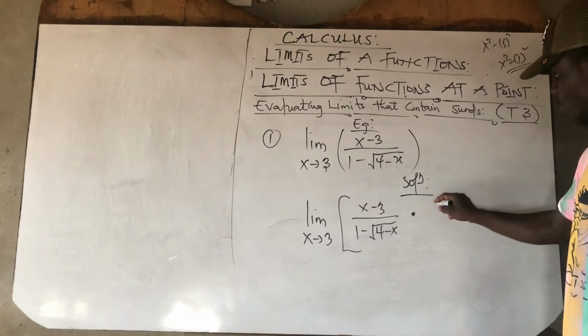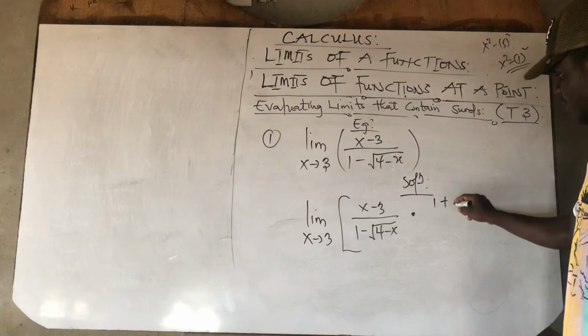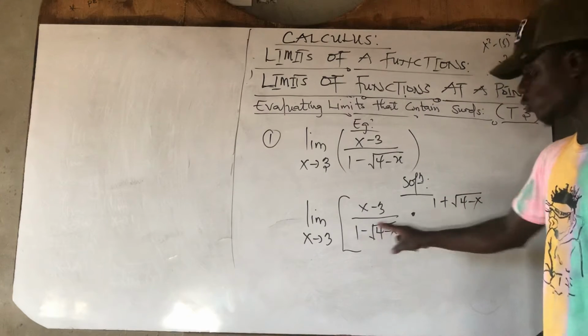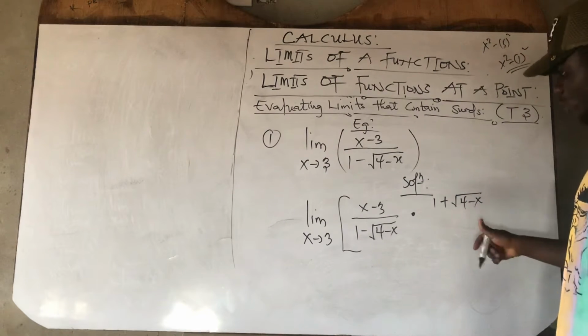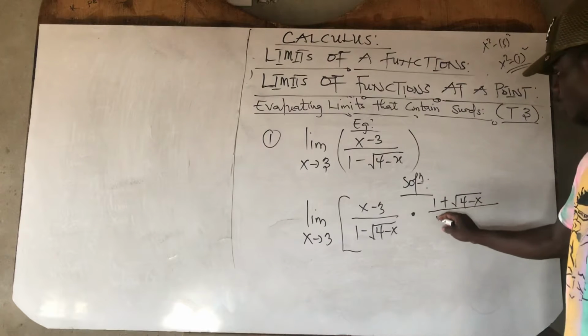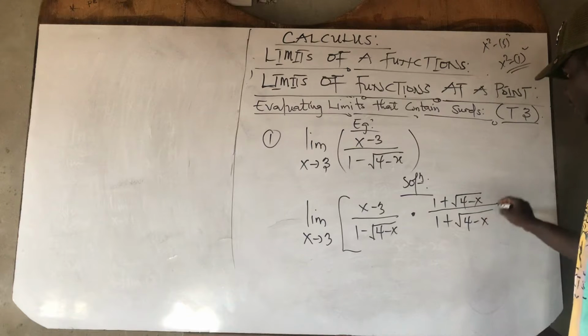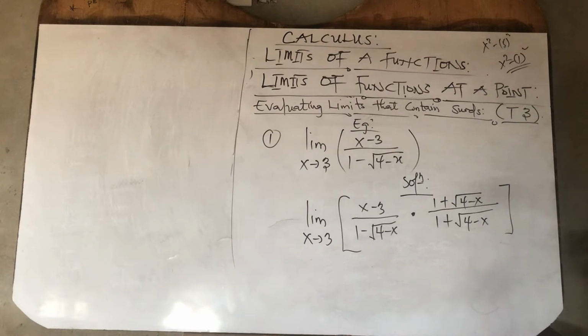The conjugate will be 1 plus square root of 4 minus x. Mind you, only this sign will change to plus, not the inside. All on 1 plus square root of 4 minus x. That's that.